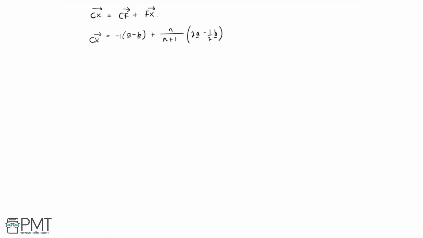And so minus 1 multiplied by A would be equal to minus A, and minus 1 multiplied by minus B would be equal to positive B. And so the first set of brackets simplifies into minus A plus B. Then we need to expand the second set of brackets, and we have n over n plus 1 multiplied by 2A minus half B. Well, first of all, 2A multiplied by n over n plus 1 would become 2n over n plus 1 A. And minus half B multiplied by n over n plus 1 would become minus 1 over 2 lots of n plus 1 B.